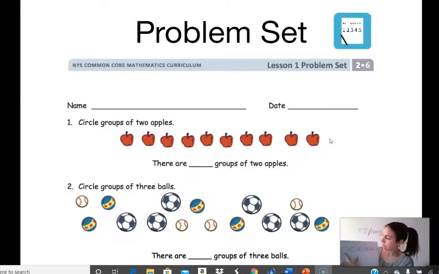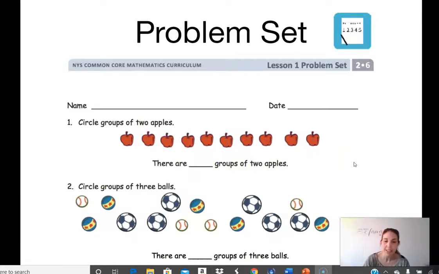I counted 5 groups of 2 apples. So if you want to draw that out, and then on your answer form, you would write, there are 5 groups of 2 apples. So that is what you can do to solve these problems.